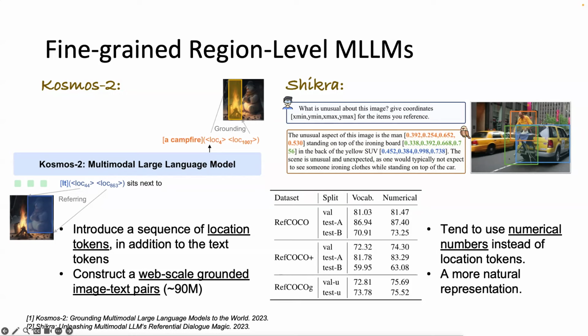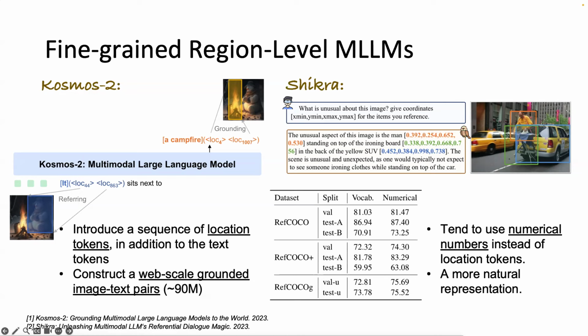That's why they constructed a web-scale grounded image-text pair dataset, with a lot of region instructions in the original data. They constructed about 19 million data and trained this model. It turns out it works pretty well.